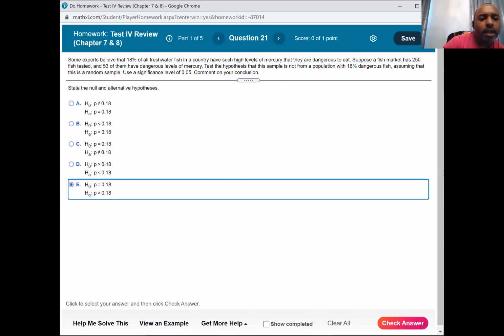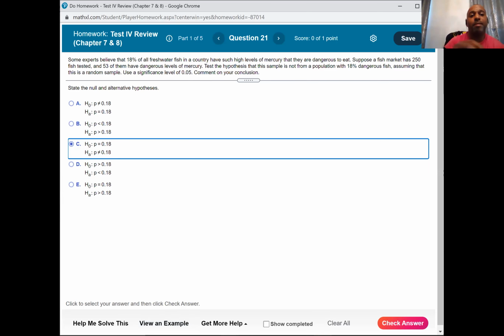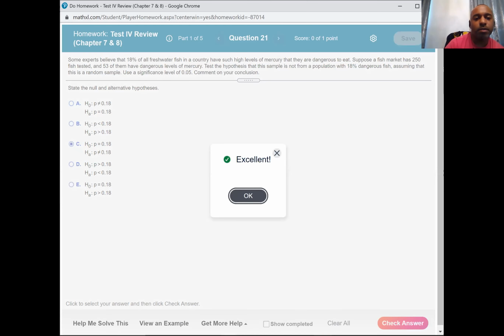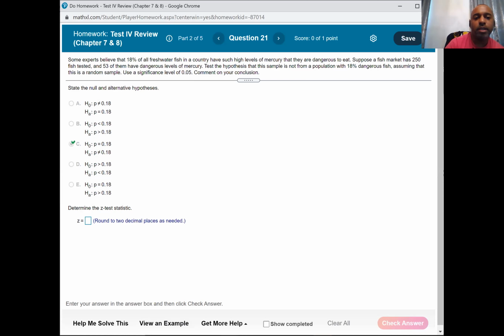And that's how you eliminate your options. This one should be C because it doesn't say greater than, doesn't say less than, it just says it's not 18%. So there you go. Everybody good with that?